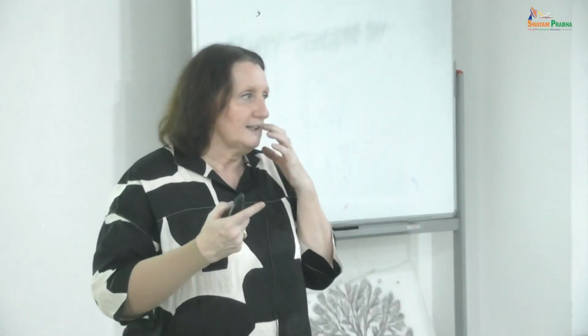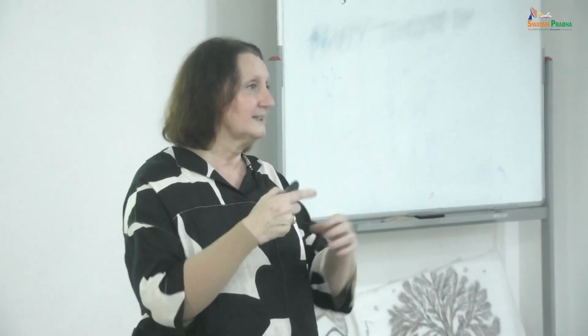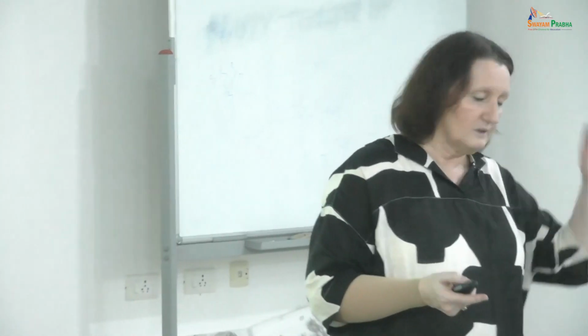We need to be sure that there is no other gene that has this similar small sequence in its whole sequence, because this way you will be able to silence not only the targeted genes but also other genes that you don't know. So it will be difficult to interpret all these results afterwards.